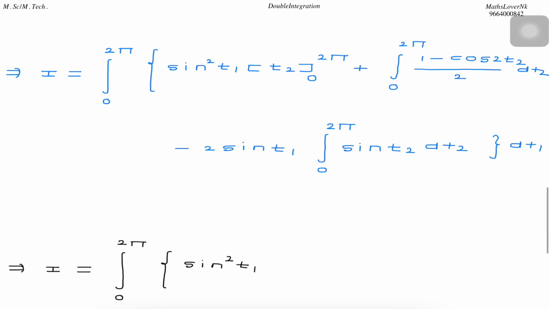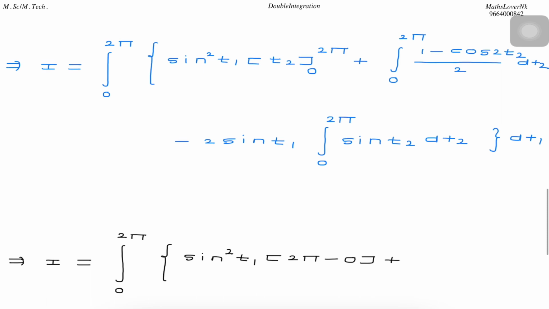Then solving, we get 1 by 2. When we divide separately, it is 1 by 2 minus cos 2t2 upon 2. Then 1 by 2 as it is, and the integration of dt2 is t2, with limits 0 to 2π.